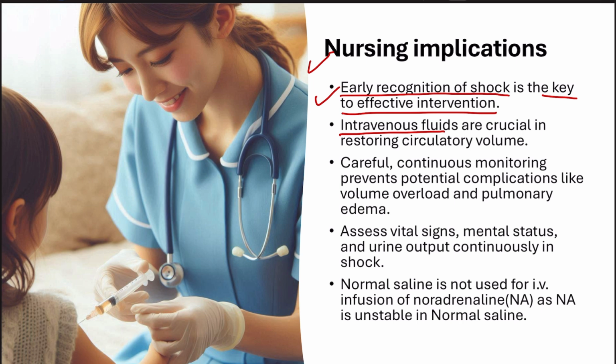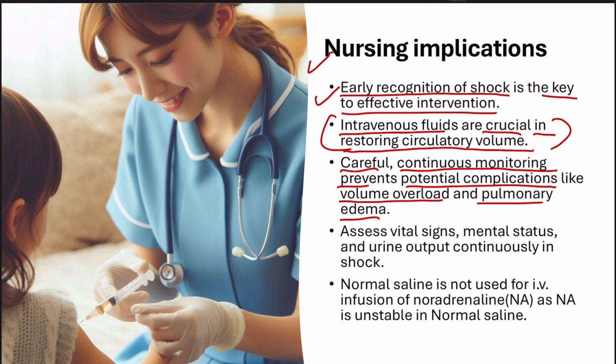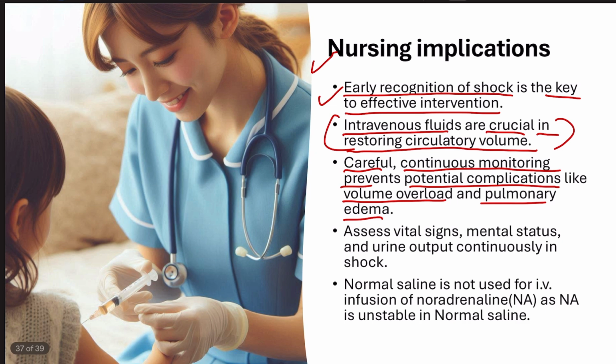Intravenous fluids are crucial in restoring the circulating volume, mainly in case of hypovolemic shock, and careful continuous monitoring prevents the potential complications, that is, it can be volume overload or it can be pulmonary edema. So for this we need to do continuous observation. Then we have to assess the vital signs continuously, the mental status and the urine output in the management of shock.